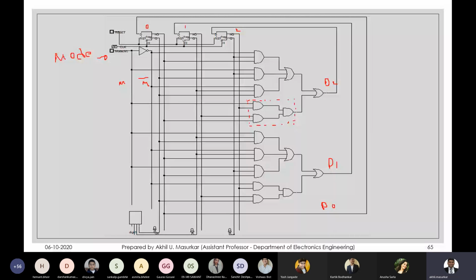This is how you can implement the 4 input AND gate, by using 2 input AND gates. And 3 input AND gates are already available in DSCH. So let's see the implementation of all this.